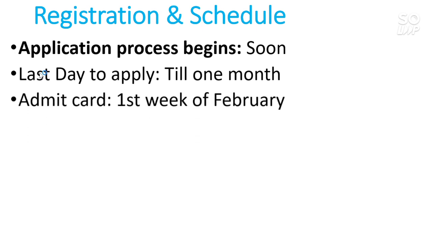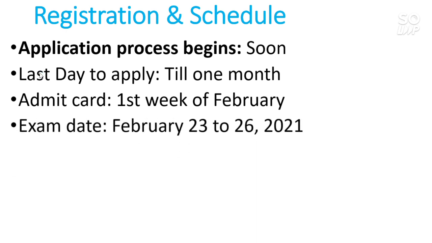The admit card will be released in the first week of February, which is tentative and may change. The exam date is fixed now: the first attempt will be from 23rd February to 26th February, and the next three attempts will be held in a similar manner in March, April and May.